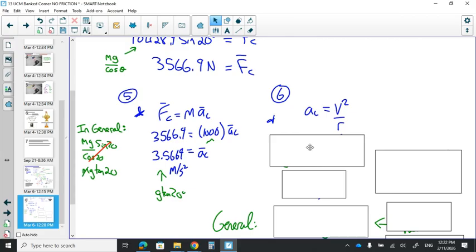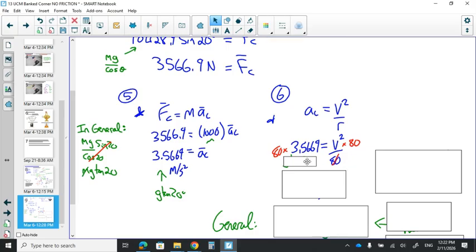So now we can say we've got our centripetal acceleration as g tan 20, or as a number. So g tan 20, tan of the angle of the ramp, divided by the radius, and you get a number or a general result. Square rooting in the end as well. I didn't show it, but I must have done that.